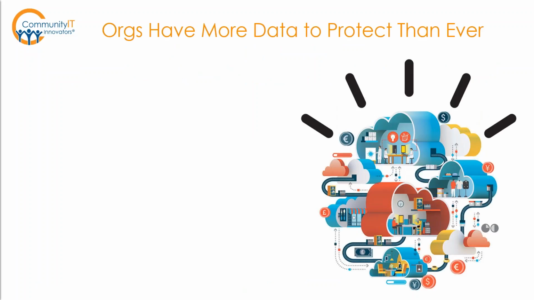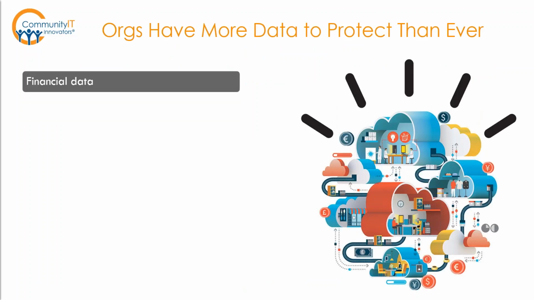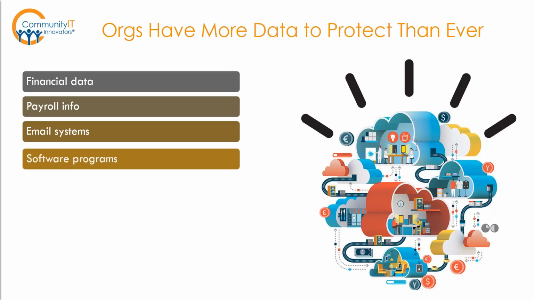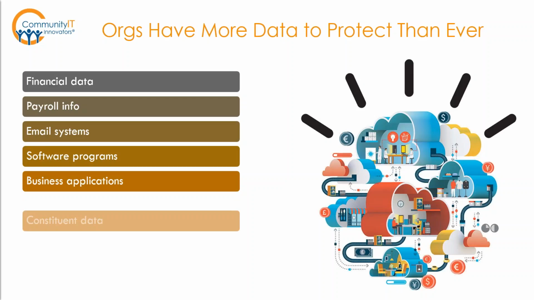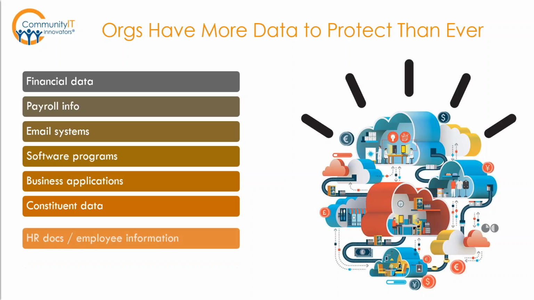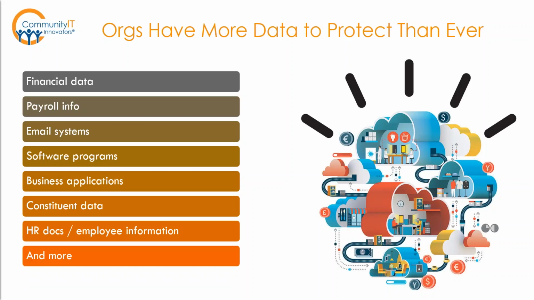Yes, exactly. So today more than ever, organizations have more data to protect and in more locations than ever. So, the example is, as opposed to the data being in the file server down the hall, now we've got data in multiple systems that may be in your office or not. So that can include financial data, payroll information, email systems, software applications, business applications, constituent data, HR documents, and employee records, and much more.